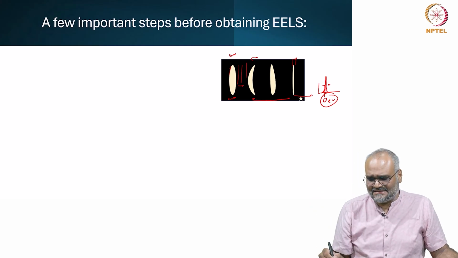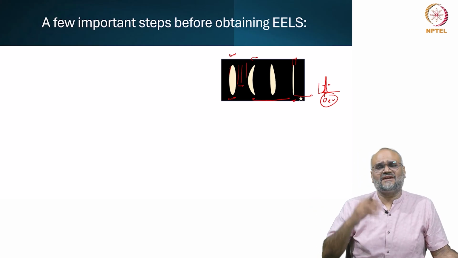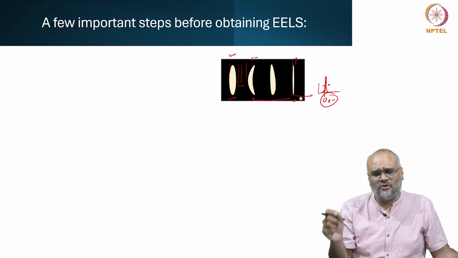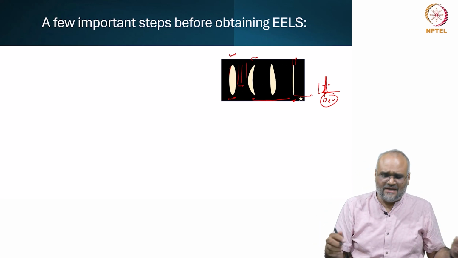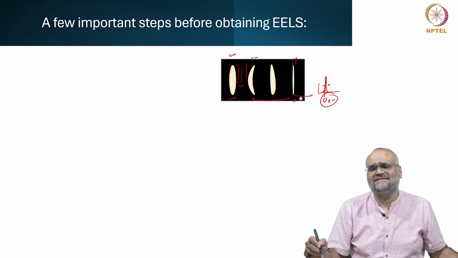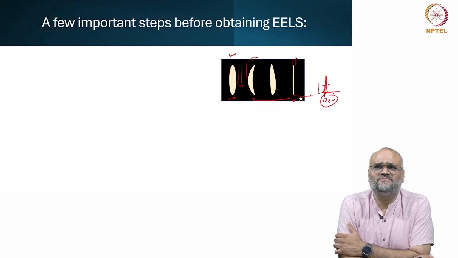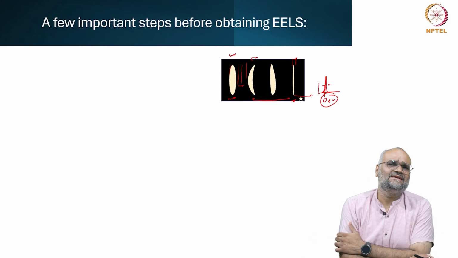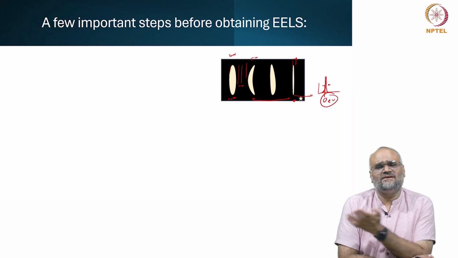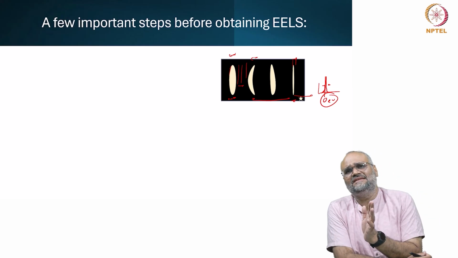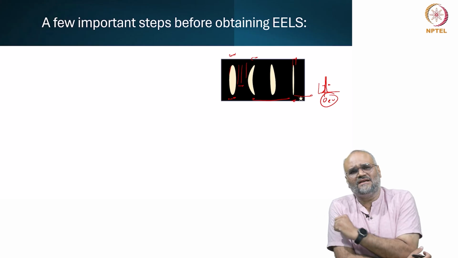So use this to correct for the spectrometer drift and the compensation through the magnetic coils to make it as narrow as possible and as ideally shaped as a Gaussian as you can get, and then bring in your sample and start collecting the low loss or the core loss information.